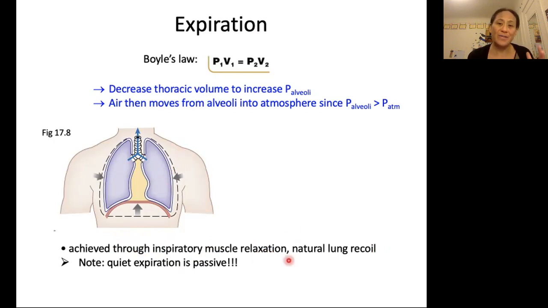I want to remind you that the lungs are kind of like balloons. We have put in effort to stretch that balloon, and when we release that effort, the balloon will naturally snap back to its original position. So the lungs have a tendency to want to collapse. Quiet expiration is passive. No effort required.